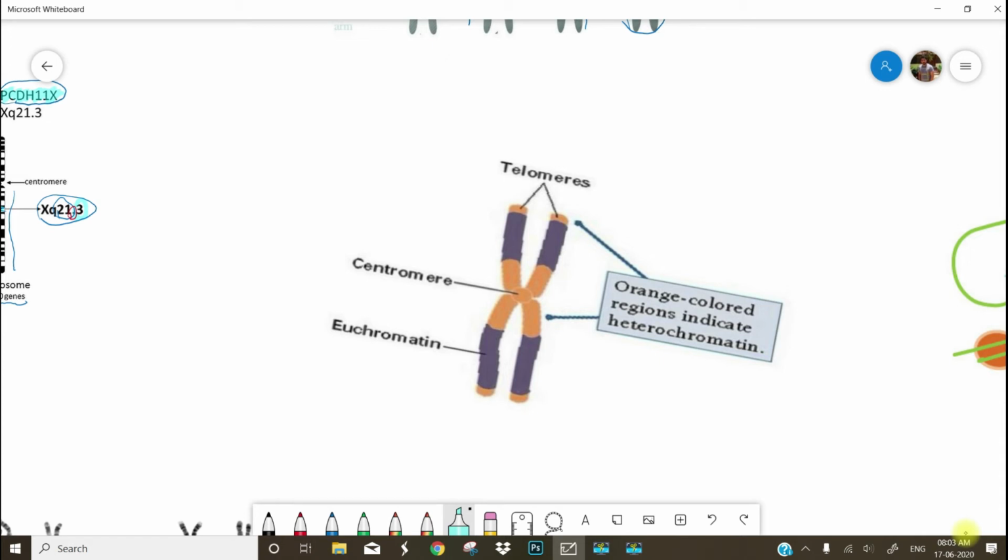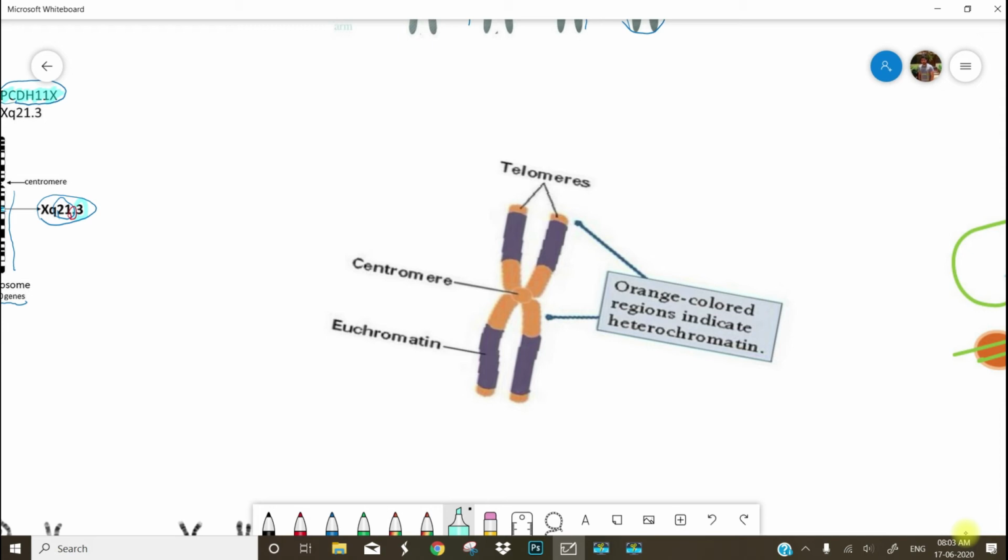The darkly stained region is more condensed and has transcriptionally inactive or silenced genes. What does that mean? Due to strong packing, genes get silenced in that particular darkly stained region.